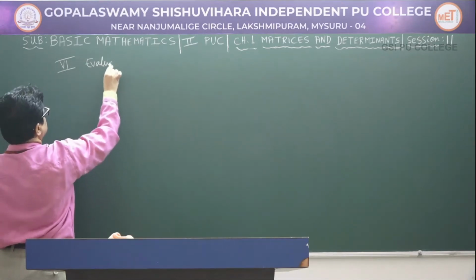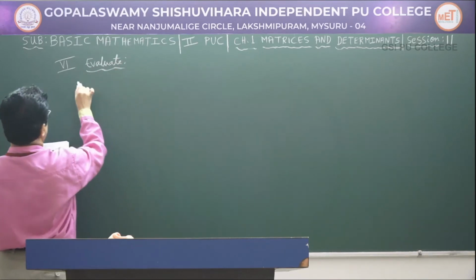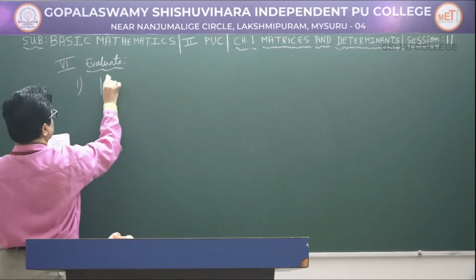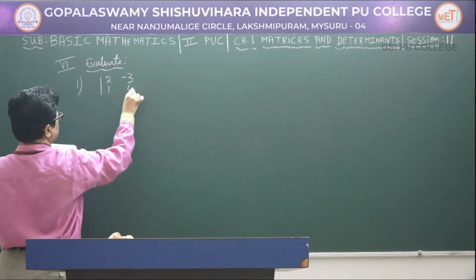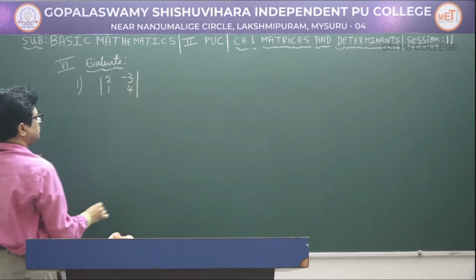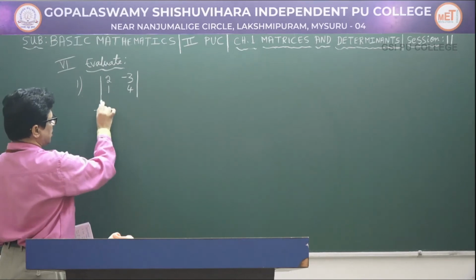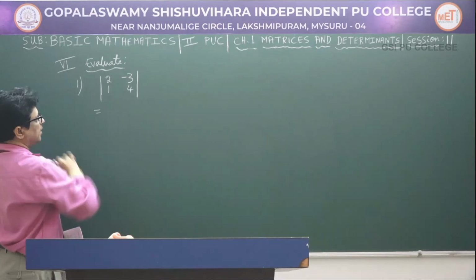Evaluate. First problem, determinant of 2, minus 3, 1, 4. The elements of the determinant are enclosed between the vertical lines. It is a second order determinant.